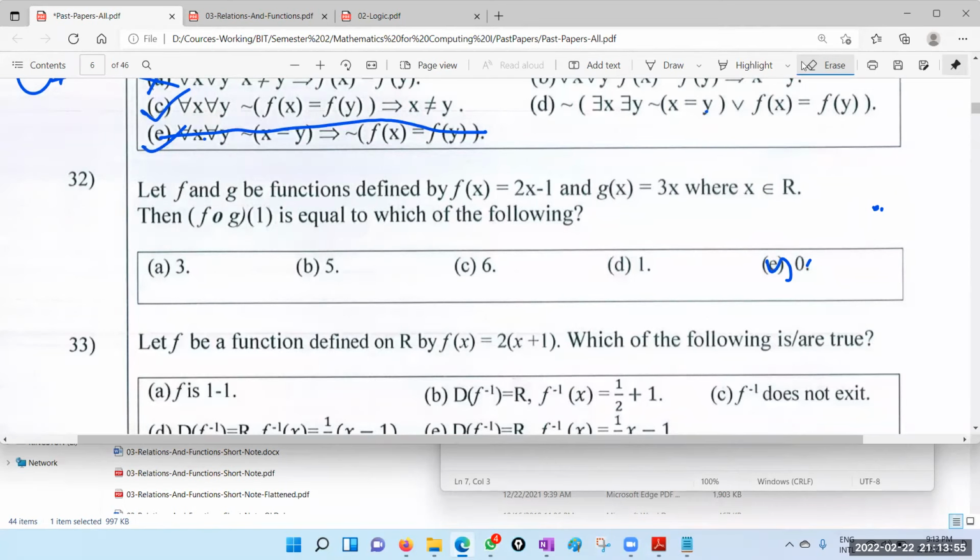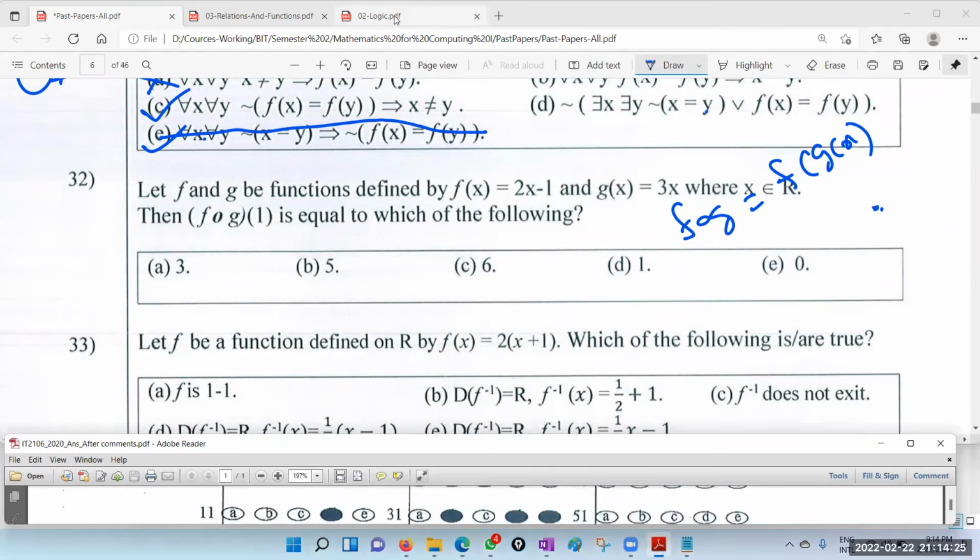Let me take this down. Right. F composite g means f of gx, right? f of g of x means f of gx.